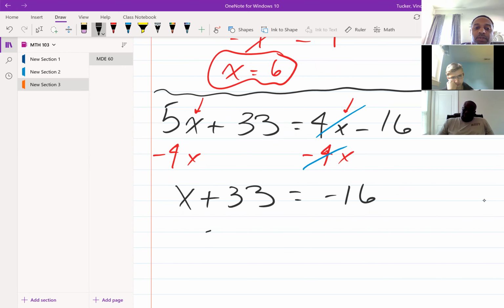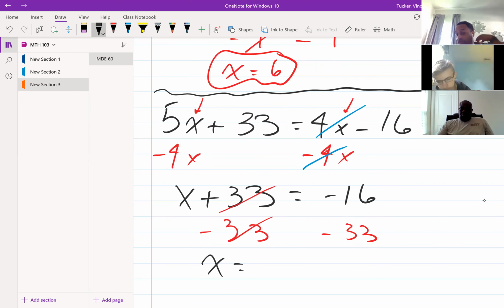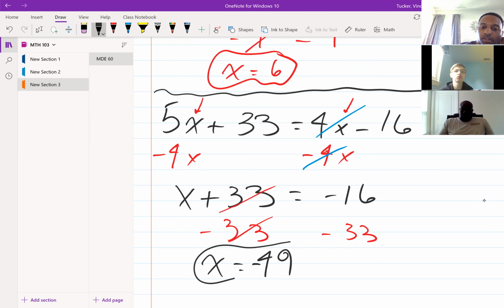Then from there, we will subtract 33. 33 cancels on your left. Then on the right, that'll be a negative 49.